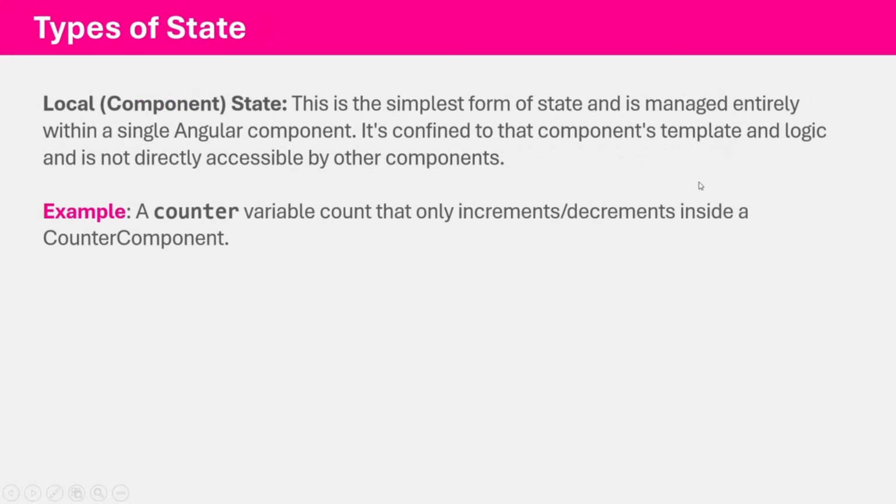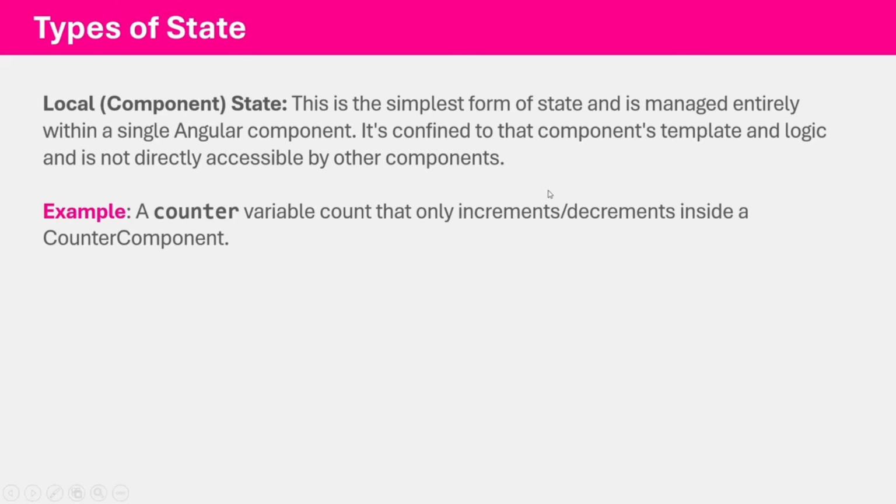Now remember that a state can be of two types. A state can be a local state, and this is the simplest form of state that is managed entirely within a single Angular component. So when we say local state, that means a state which is defined in a component and is going to be used only inside that component.